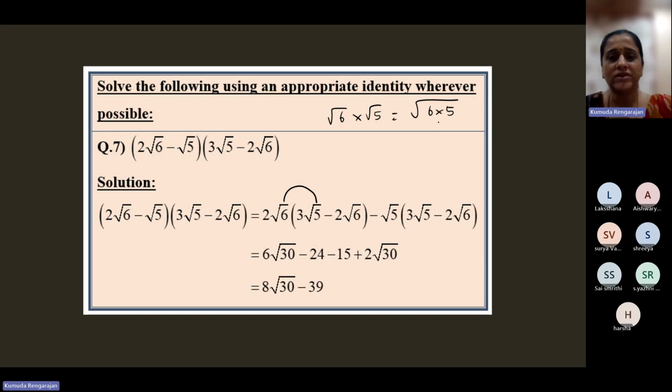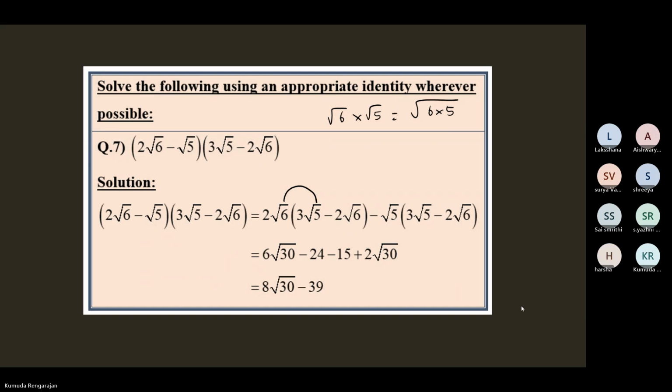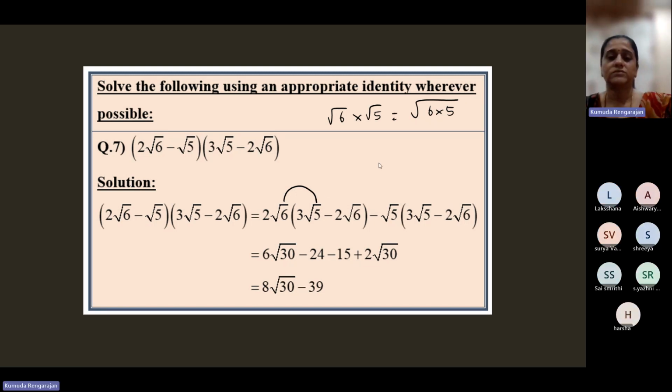Anyway, no factor will come out of the square root. 1 second, children. So 2 into 3, 6. Root 6 into root 5 is root 30.